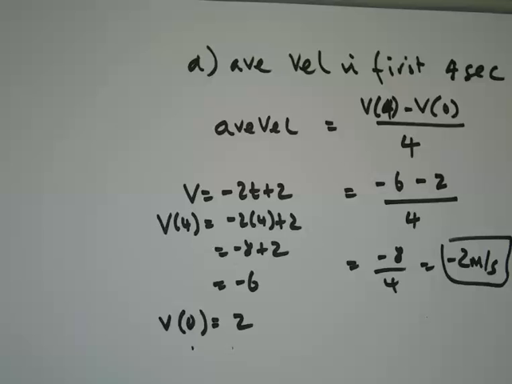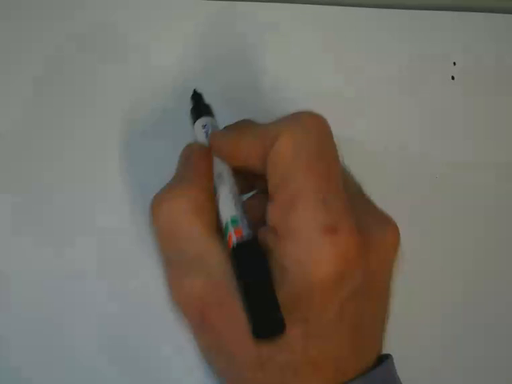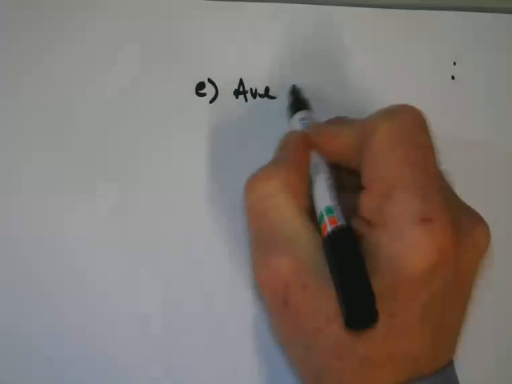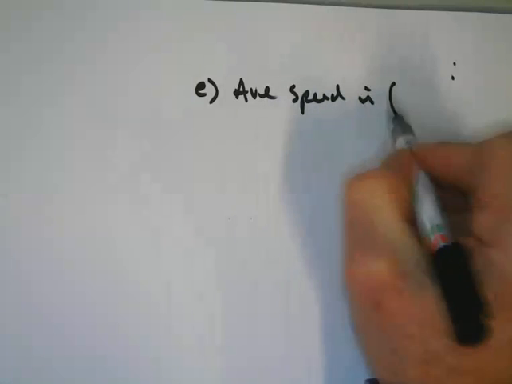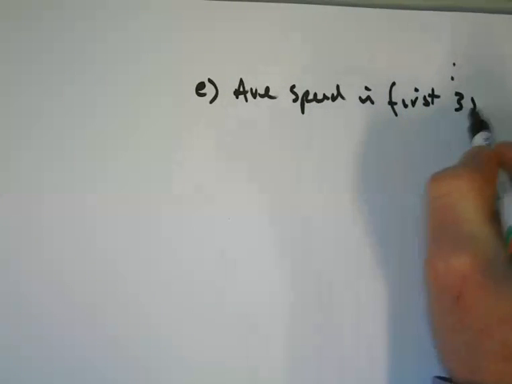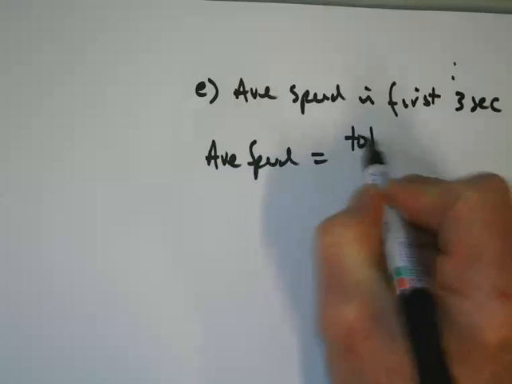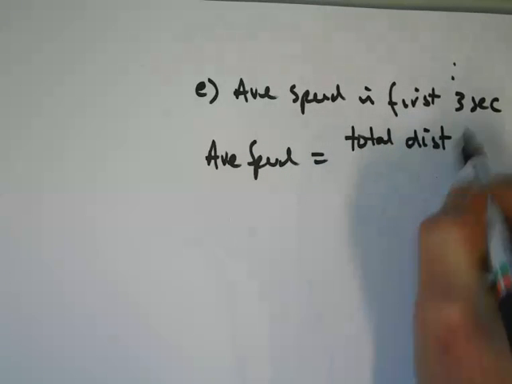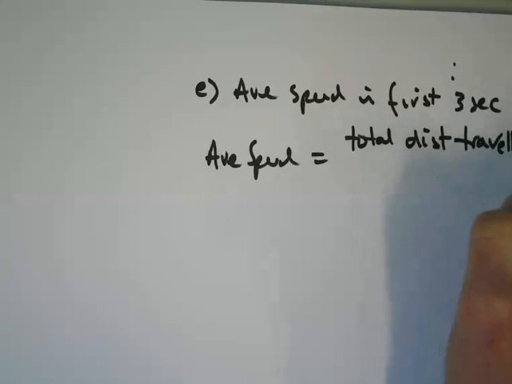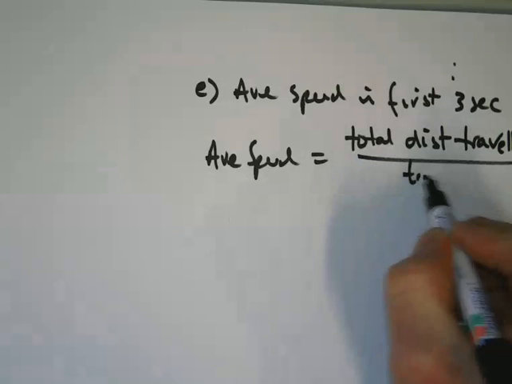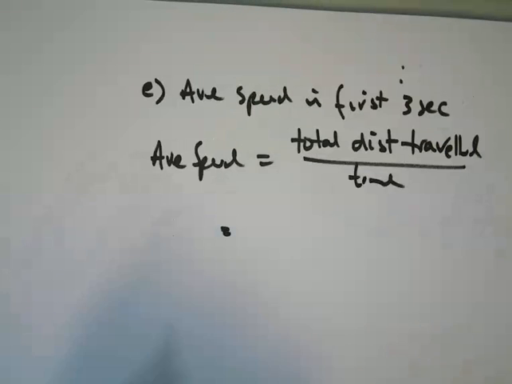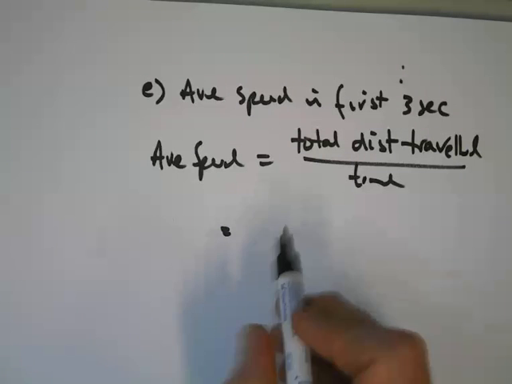And part E asks, find the average speed in the first 3 seconds. Average speed is total distance travelled over time. So for the first 3 seconds, I need to find out how far did it travel in the first 3 seconds, divided by 3.